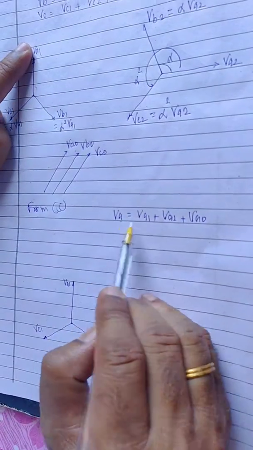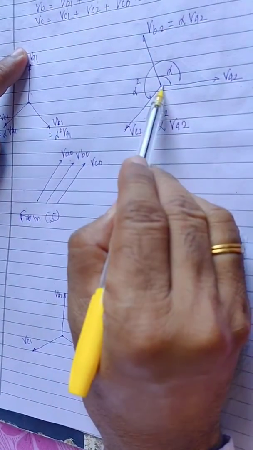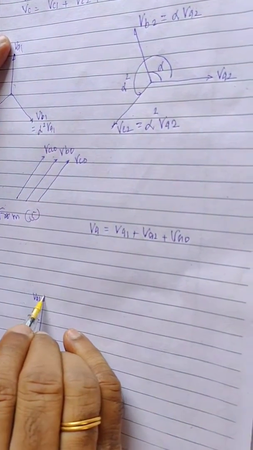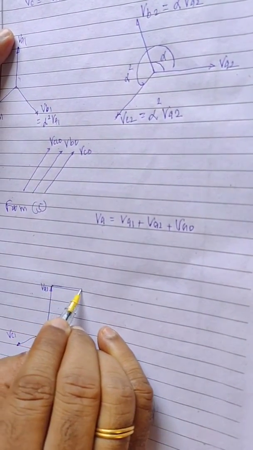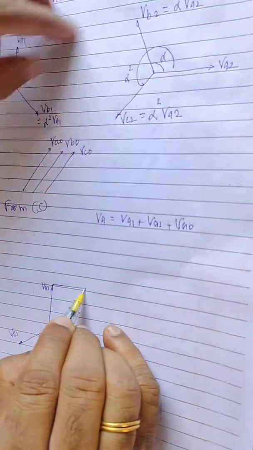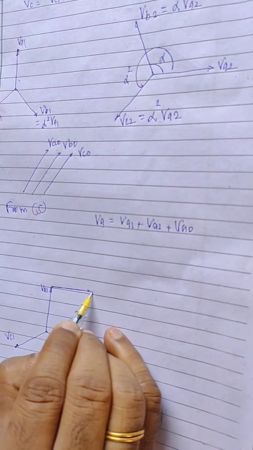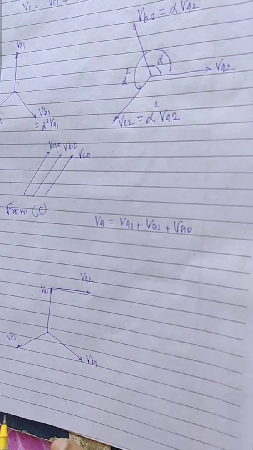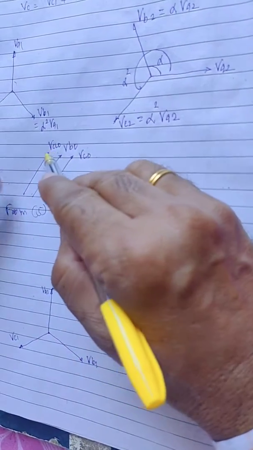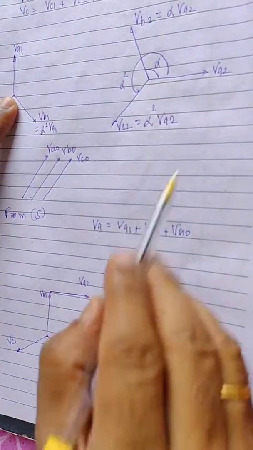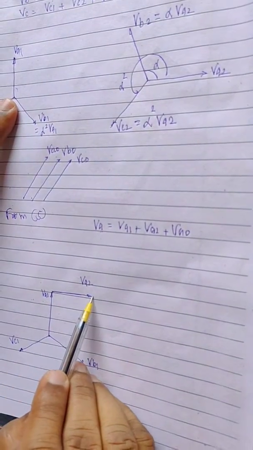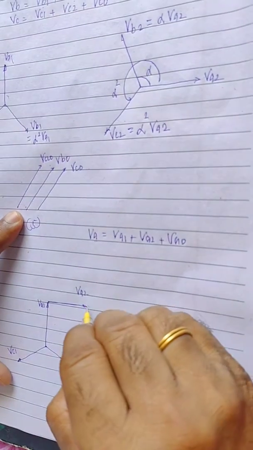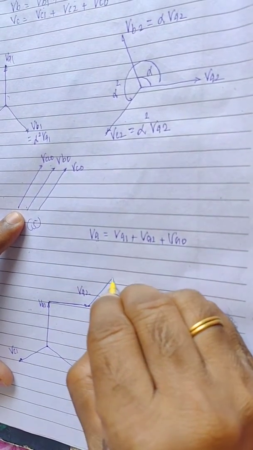Plotting VA2 parallel to this and equal to VA2, VA1 is vertical, VA2 is horizontal, and VA0 is plotted parallel to this.